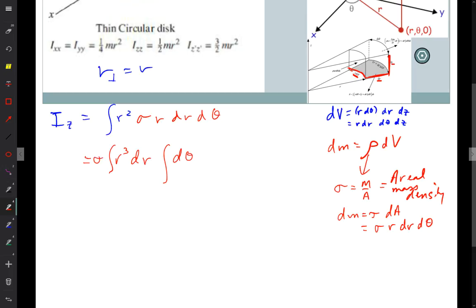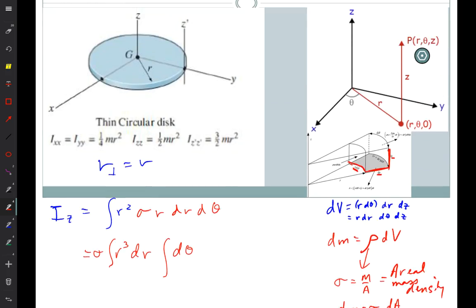Bring the sigma out because it was a constant. What are the limits going to be for r? 0. Radius has a minimum of 0, out to, and I'll use a capital R so we're clear, the radius of the disk.